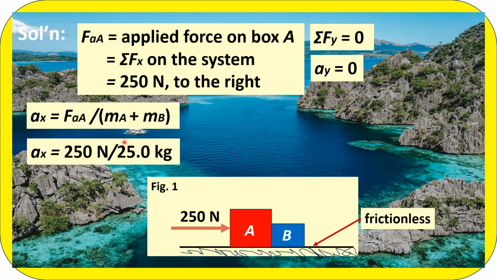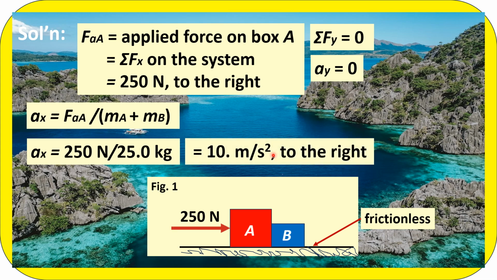Well, that is 250 newtons divided by 25.0 kilogram. That gives us the magnitude of the horizontal acceleration of the system, a sub x, equal to 10 meters per second squared in two significant digits, and its direction is to the right.